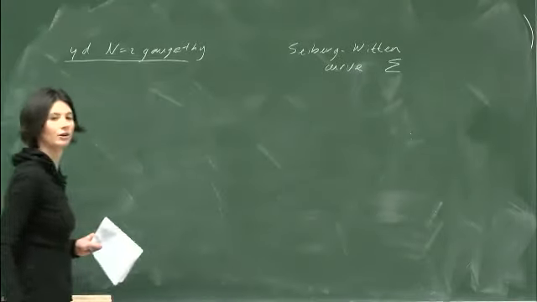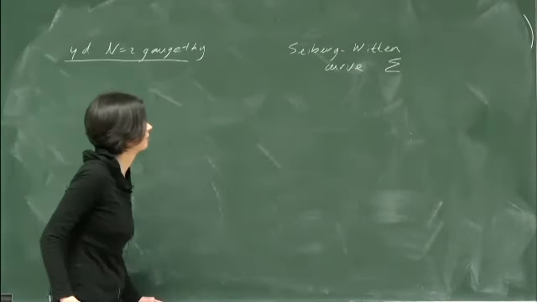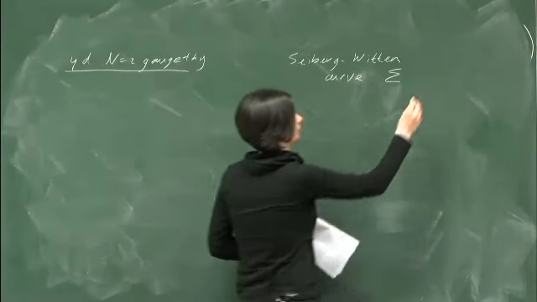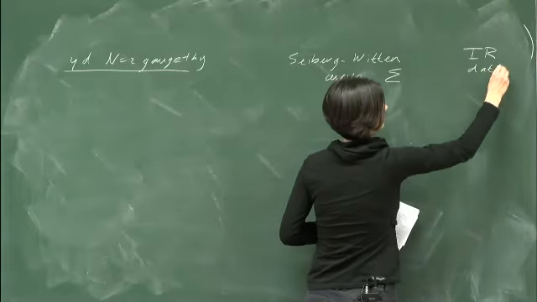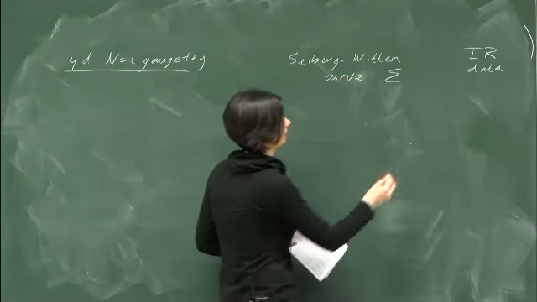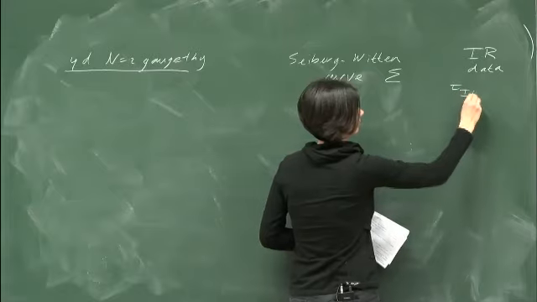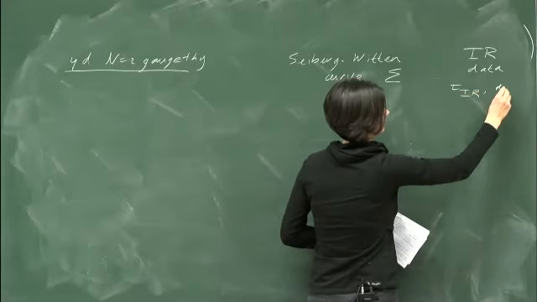And this Seiberg-Witten curve encodes all the low energy data, so all the IR data of the gauge theory. So that means it encodes the IR couplings, the Coulomb parameters, and the masses.